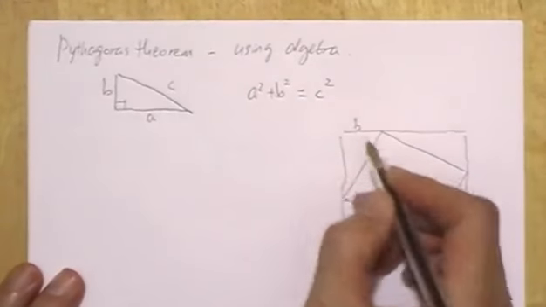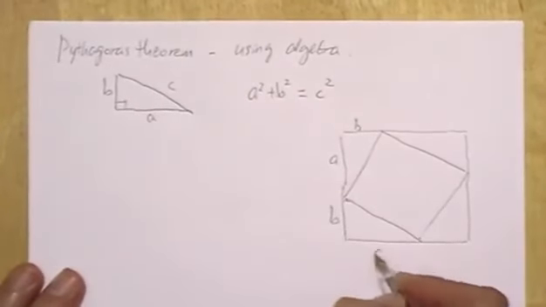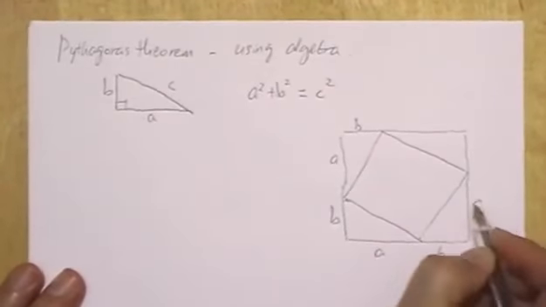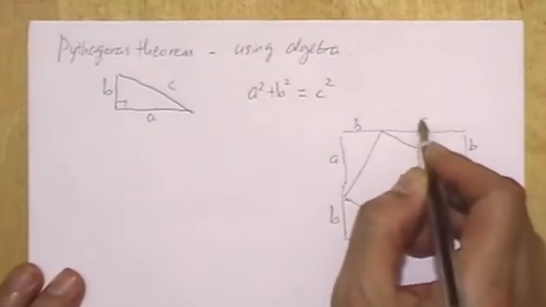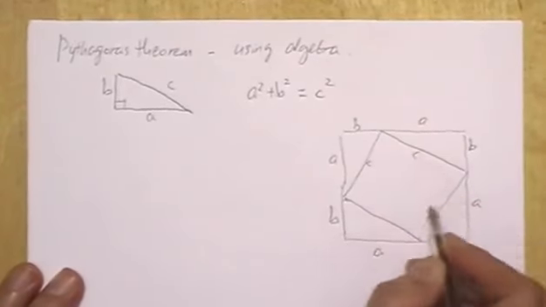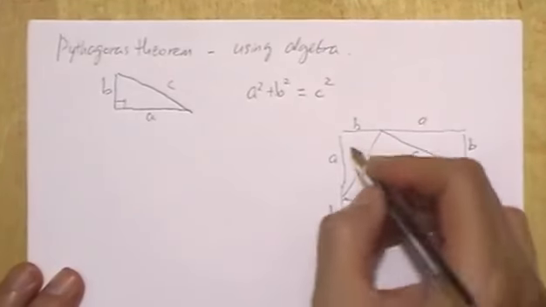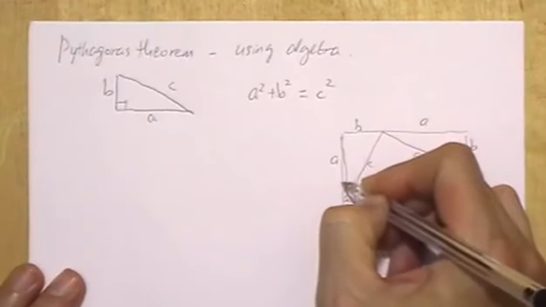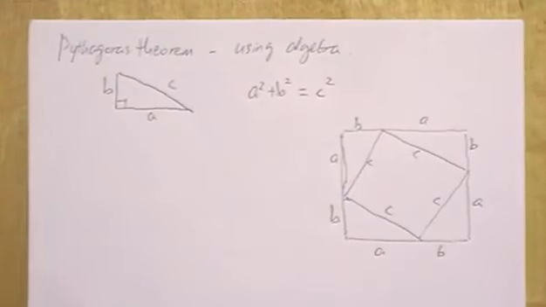Okay, so that's B, A, B, A, B, A, B, A, C, C, C, C.